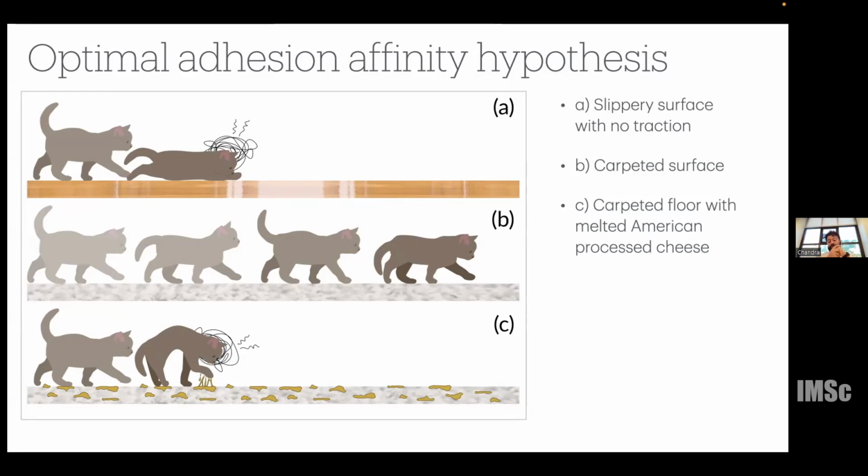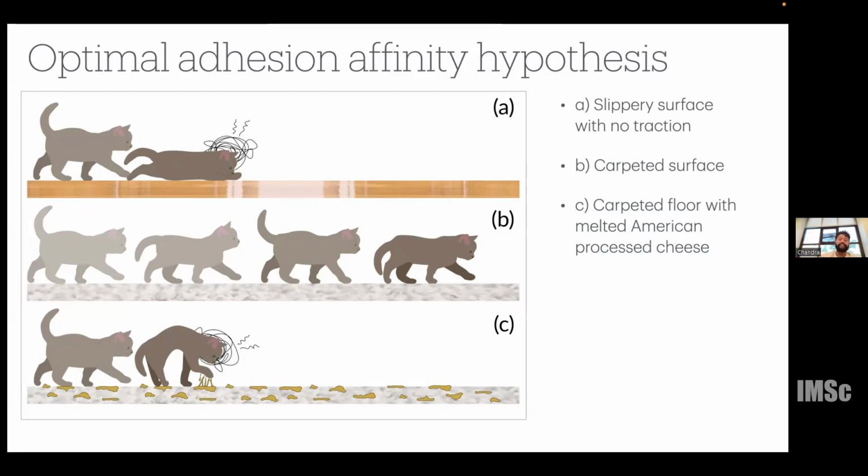One way to look at it is that if you take a kitten walking on three different surfaces. The first surface is where there is no E-cadherin, or in other words, a very slippery surface. There is no traction. You can't move. That affects your movement. B is the intermediate level of traction, like a carpeted surface, where you can walk.